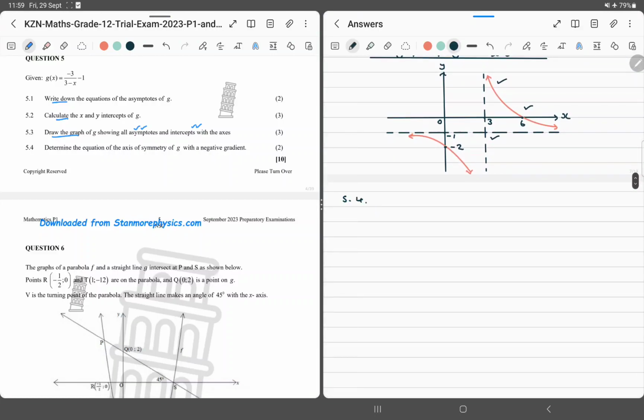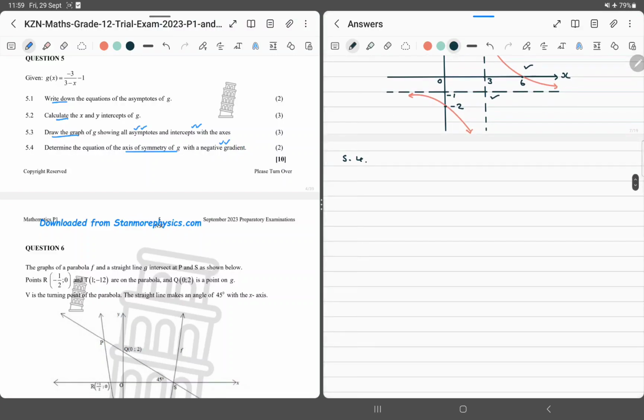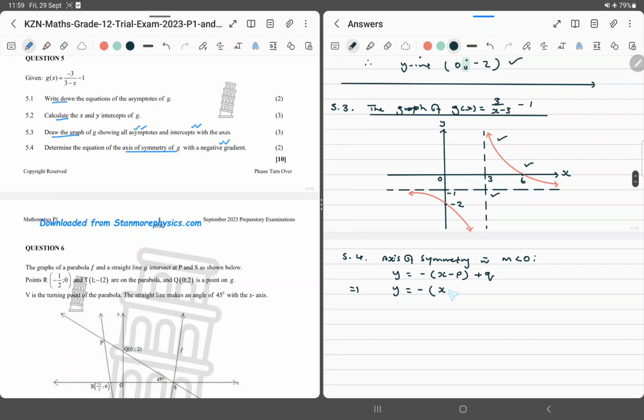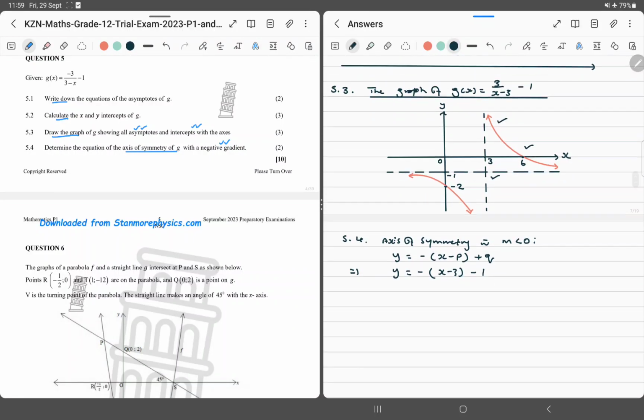So 5.4 says determine the equation of the axis of symmetry of g with a negative gradient. Great. So we know that the axis of symmetry with a negative gradient is such that y is equal to minus (x minus p) plus q. This implies that y is equal to minus, I will just take the equation as it is, (x minus 3) minus 1.